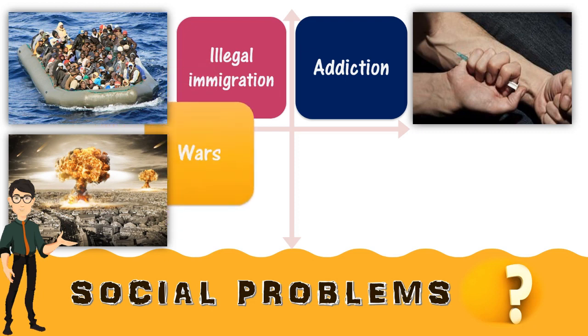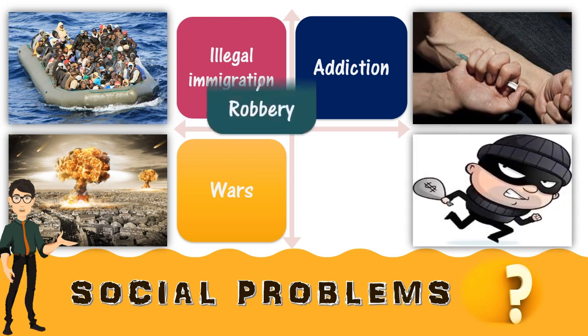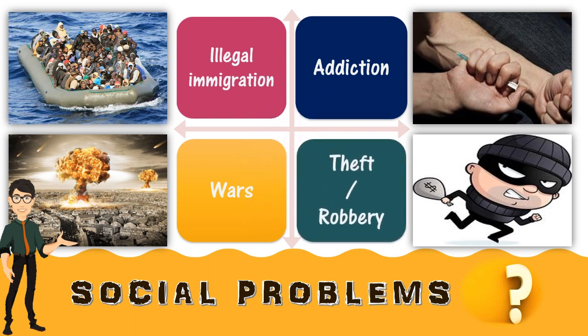Wars and conflicts are other common problems, just like the situation in countries like Syria, Yemen, etc. One more problem is theft or robbery, with a slight difference between the two.